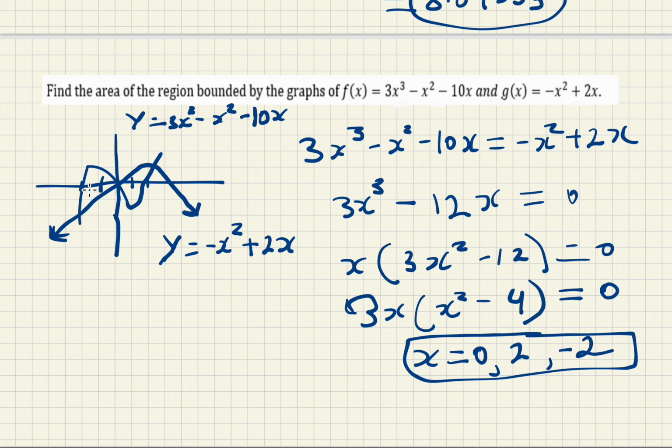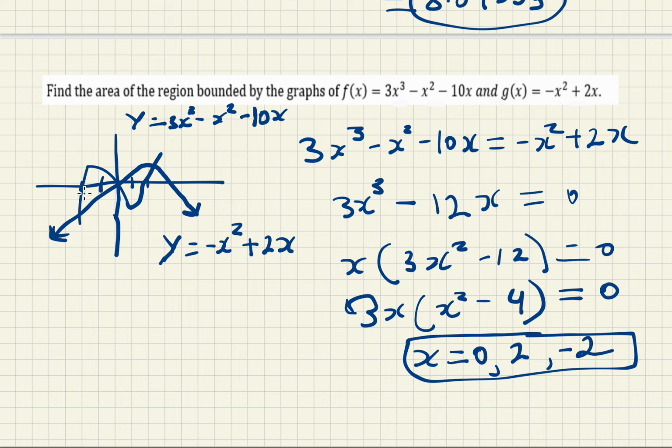Since we have 3 points of intersection, we need to first figure out the area of this, and then find the area of this separately. And so we can add this area and this area.